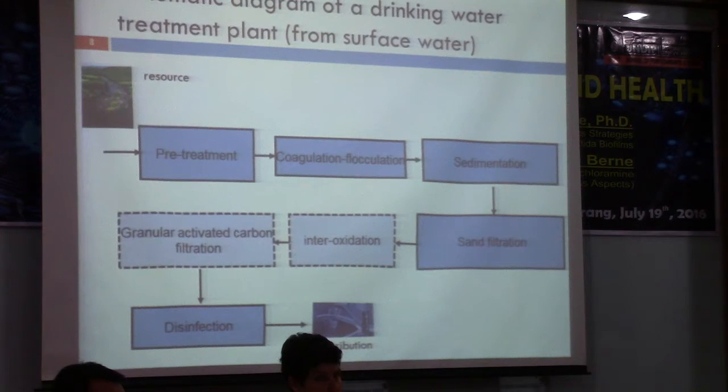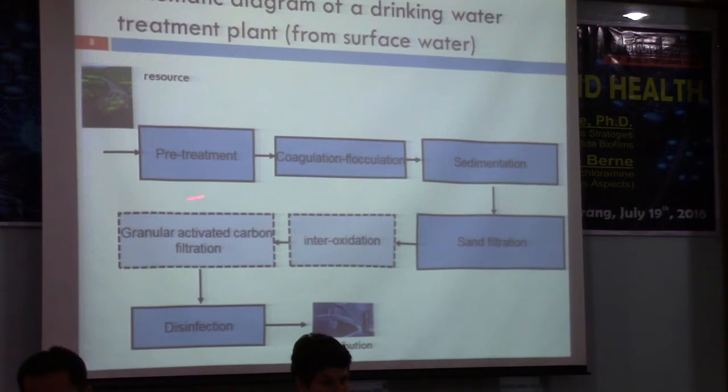So to treat water, to produce drinking water from surface resources, we have these different steps. First, pretreatment, then what we call clarification, that is to say these three steps, coagulation, flocculation, sedimentation, followed by sand filtration.